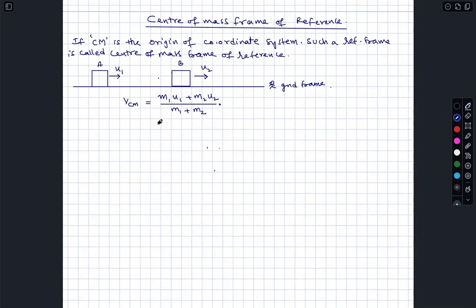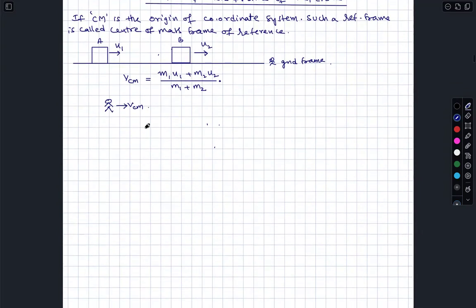Now imagine a frame, an observer moving with a velocity of vcm. With respect to him, velocity of 1 with respect to center of mass is u1 minus vcm, which is nothing but u1 minus (m1 u1 plus m2 u2) divided by (m1 plus m2).